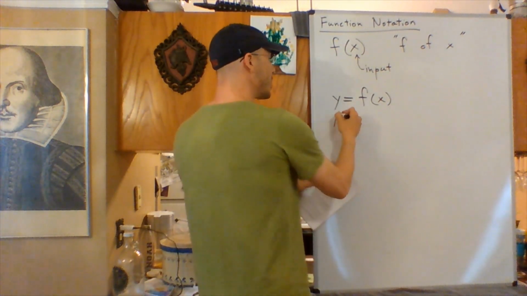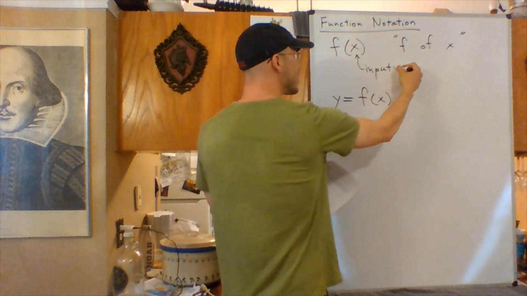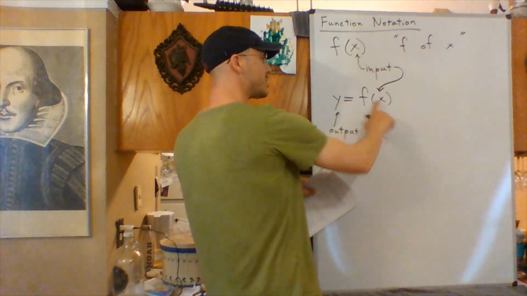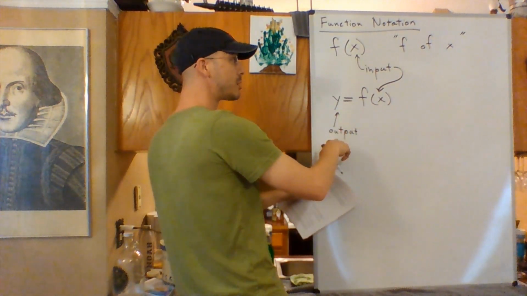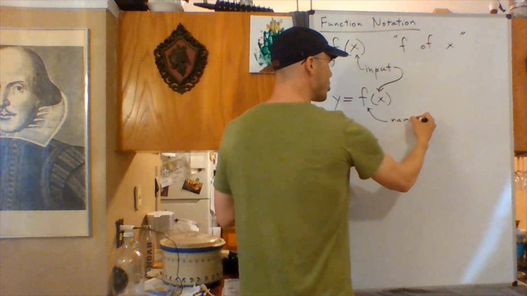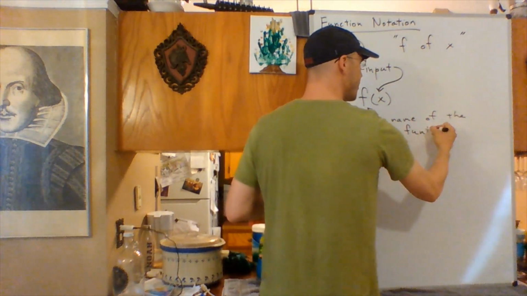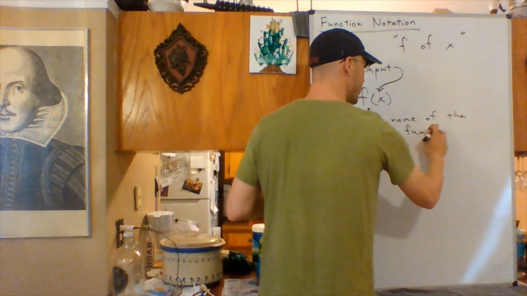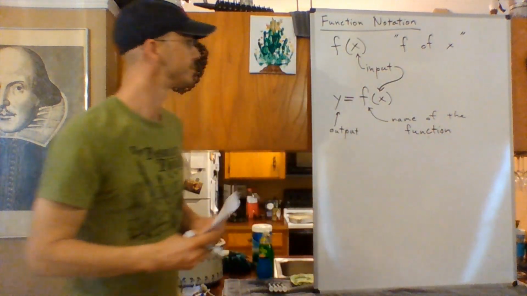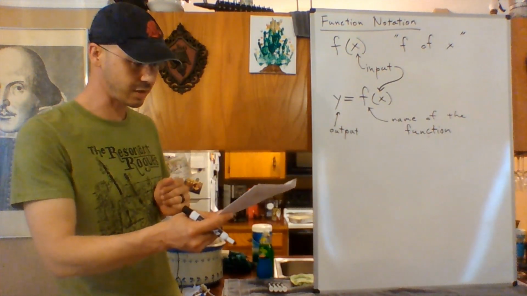Y will be our output. This is the same guy here. F of x, the input x, yields the output y. And f is the name of the function. So that's the basics of what the terminology looks like.